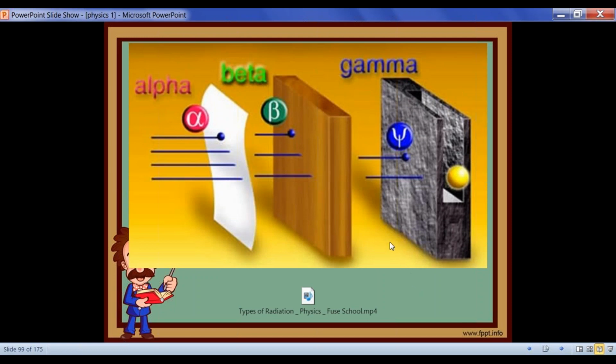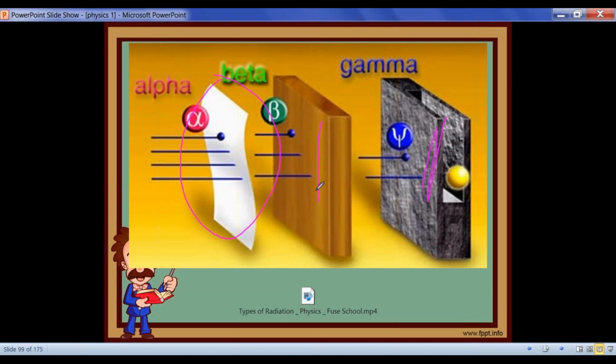So, ito po yung diagram kung saan ang alpha can be stopped by a piece of paper or wall. Beta can be stopped by wood or aluminum or lead. Gamma rays can be stopped by lead.